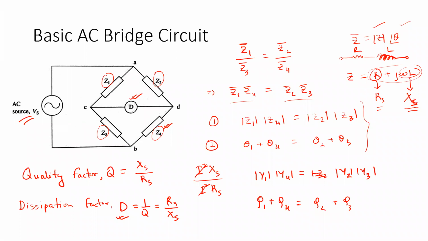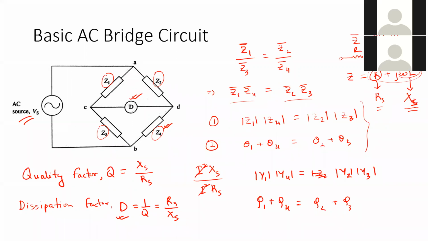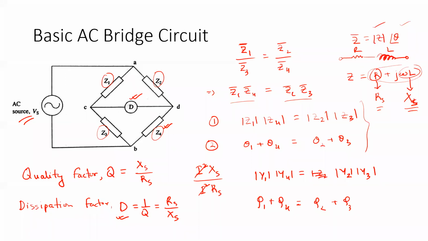And if we obtain a lower dissipation factor, then the resistive component is less dominant in the equivalent series combination of the impedance. So let us keep these terminologies in mind. Later on, we will come back to the quality factor.